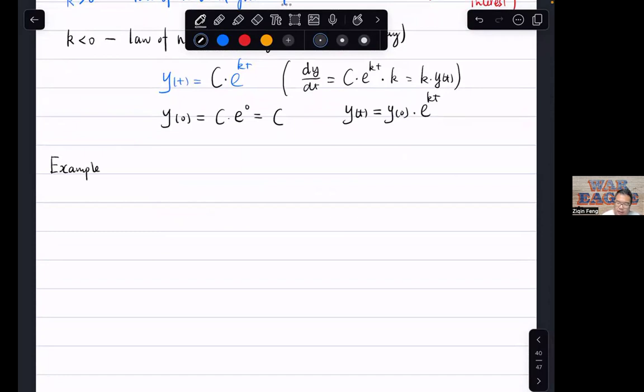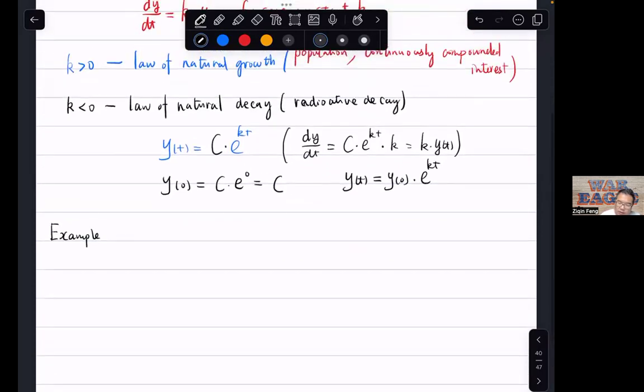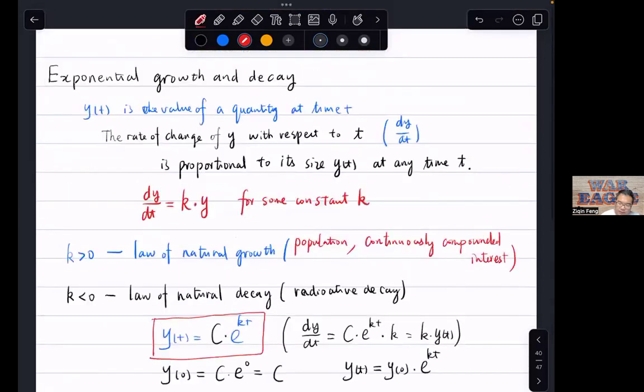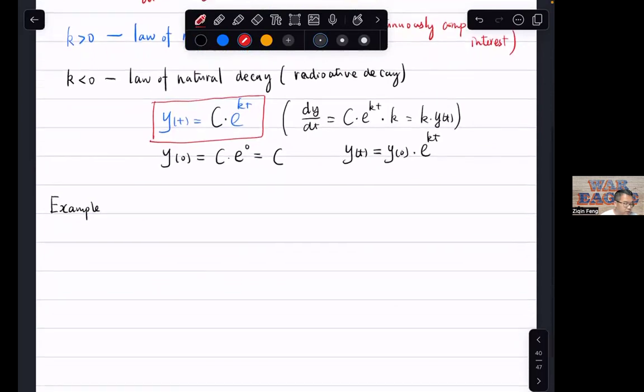This equation here only applies if this condition is satisfied: the rate of change of the quantity is proportional to the size of this quantity, the size of y of t.